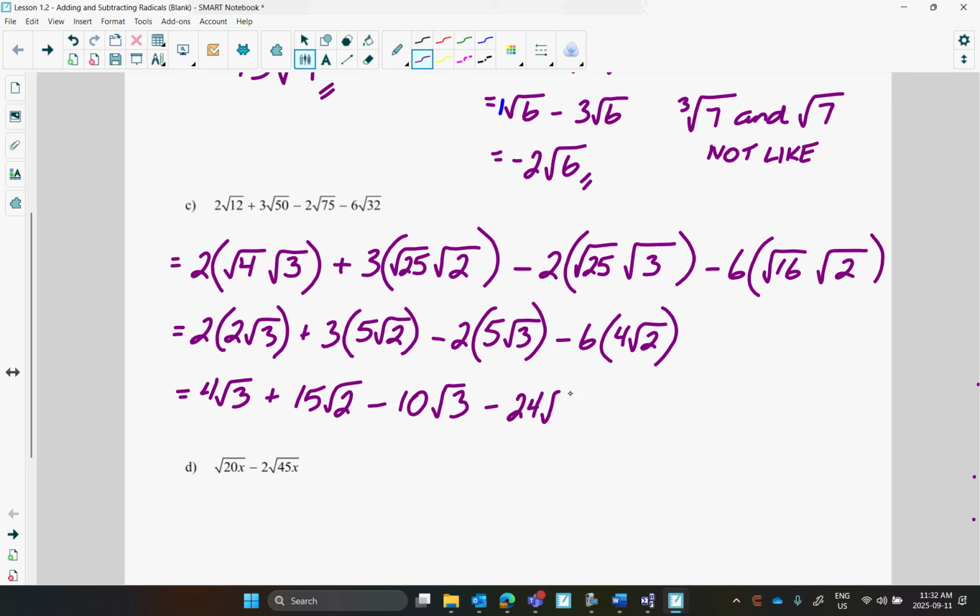So after all that simplifying, I did get some like terms. I got 2 pairs. I got a pair that have root 3s in them, and I got a pair that have root 2s in them. What do I get when I combine the root 3s? Negative 6 root 3. And when I combine the root 2s? Negative 9 root 2.